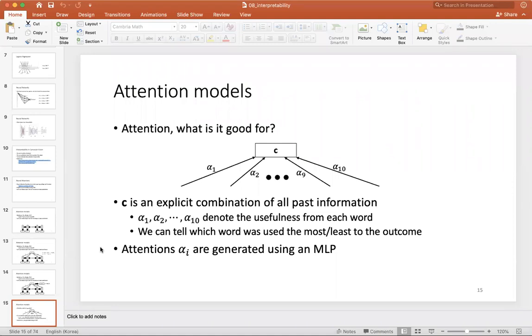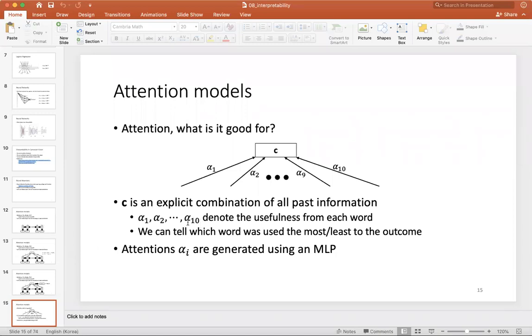But in this class, where the topic is interpretability, what attention is good for is that it can be used for interpretation, or getting an insight into what's happening to the model under the hood.